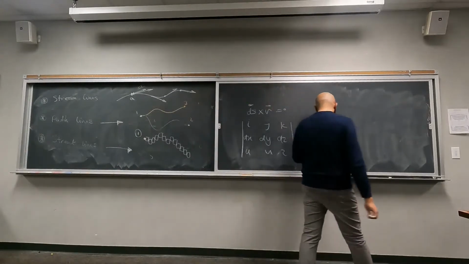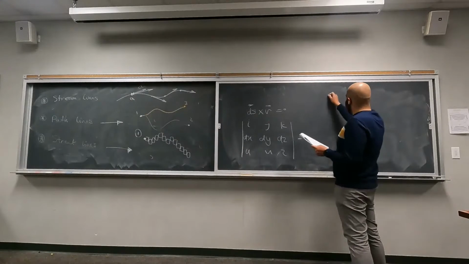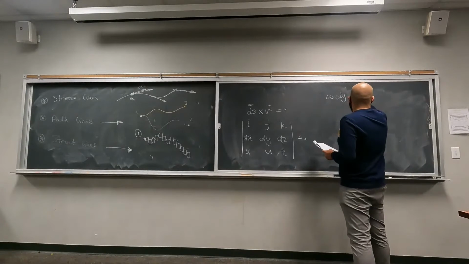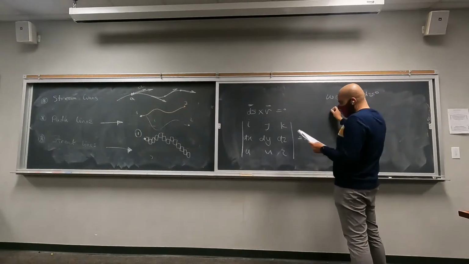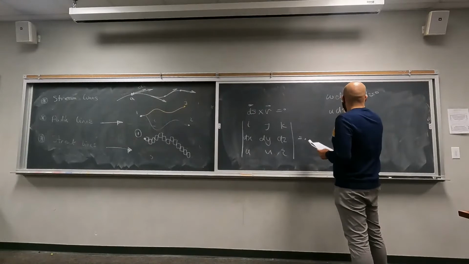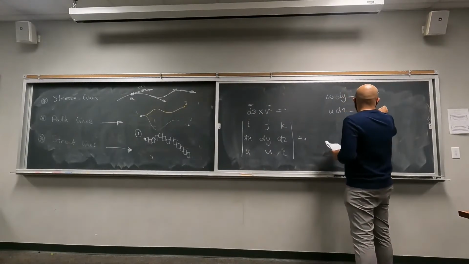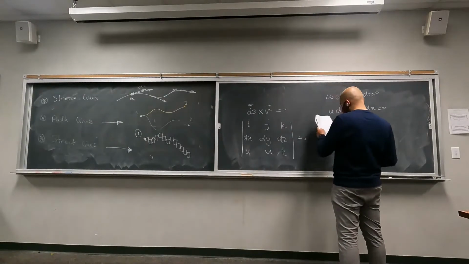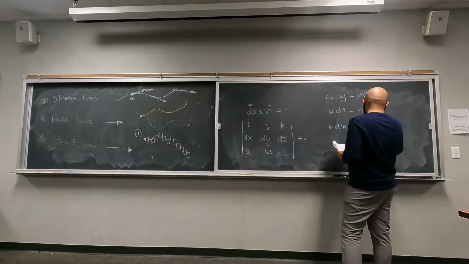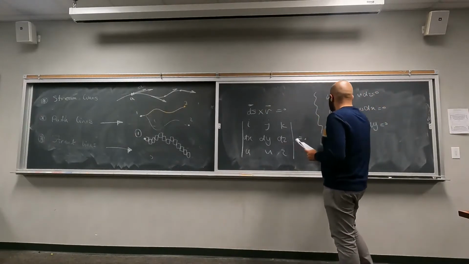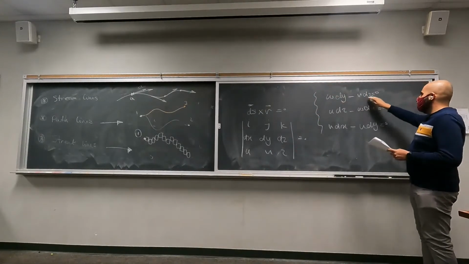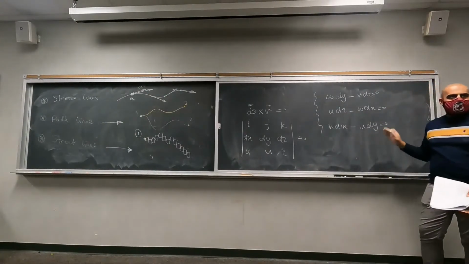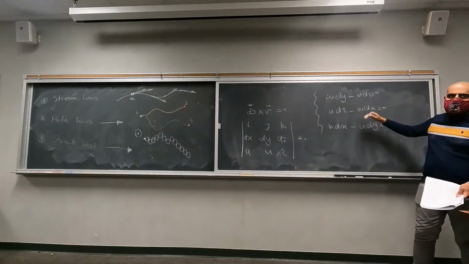This itself was a vector, and you will eventually end up with w dy - v dz = 0, u dz - w dx = 0, and v dx - u dy = 0. So you're going to end up with three equations. This is essentially (w dy - v dz) i plus the j component plus the k component. And for this vector to be 0, all of these components have to be 0.